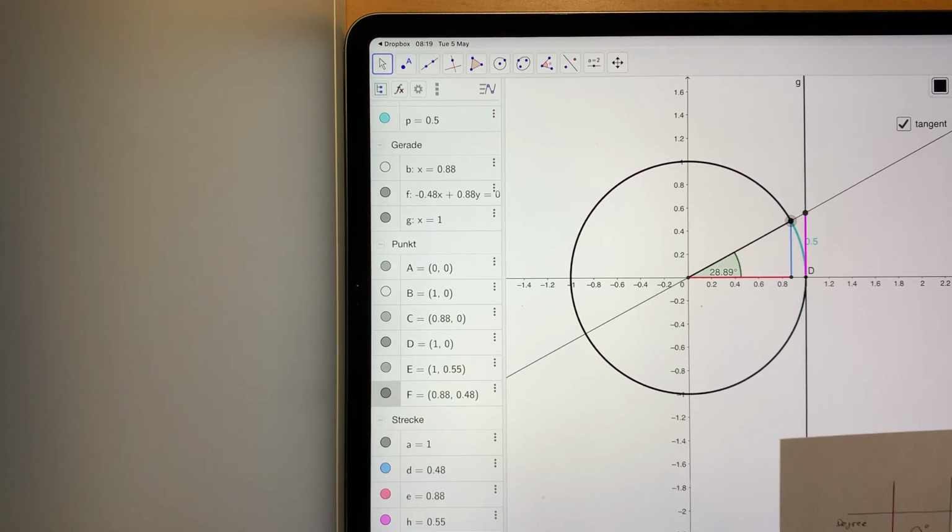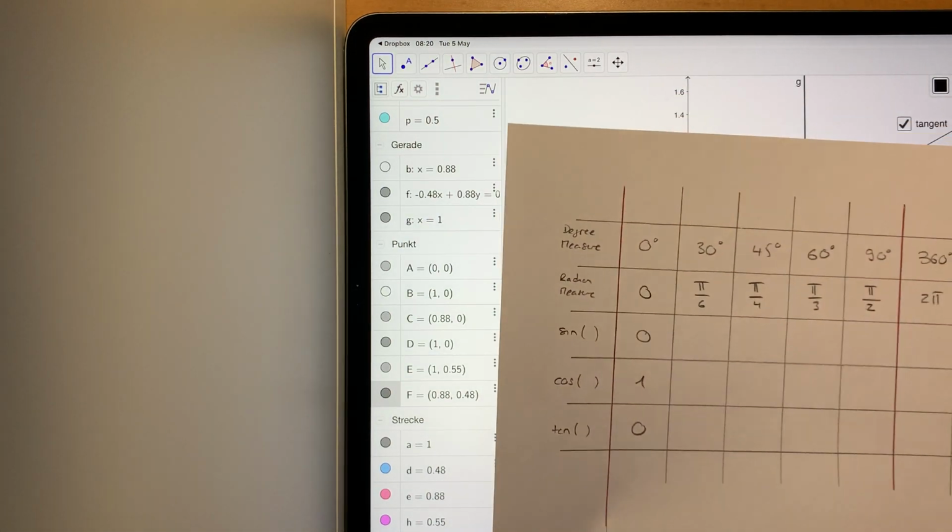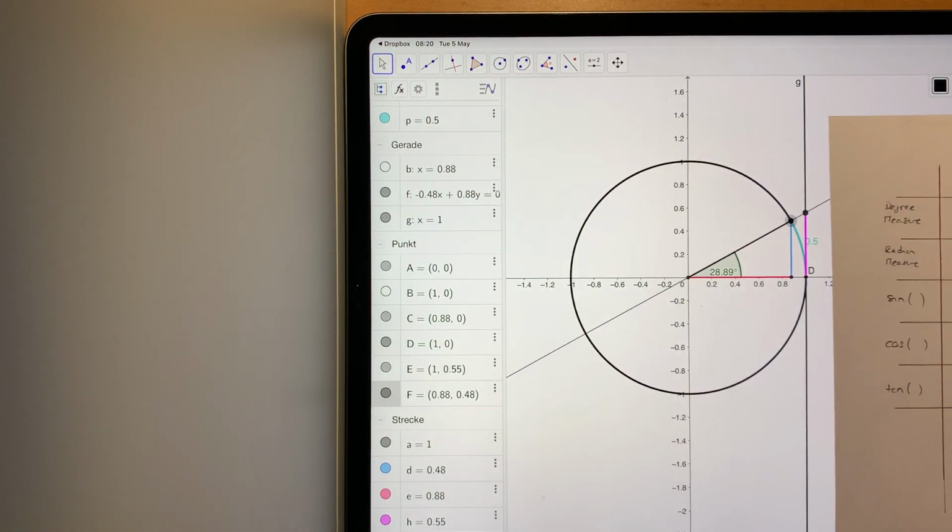So what you can do is write this up. Here we go. For sine of 0 degrees, so let's put this here.